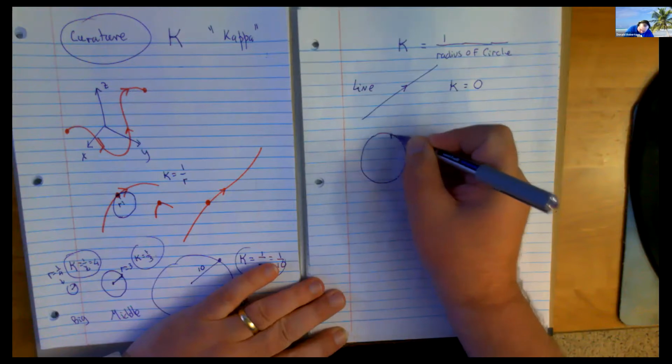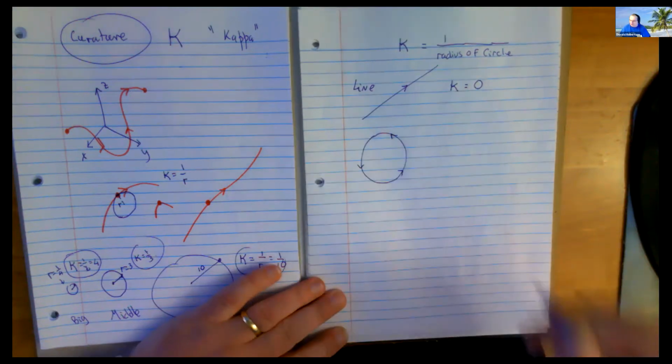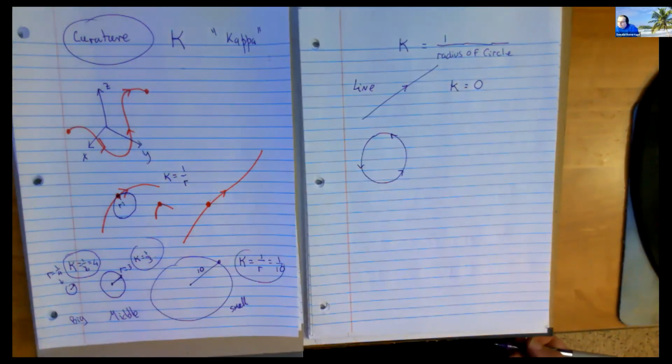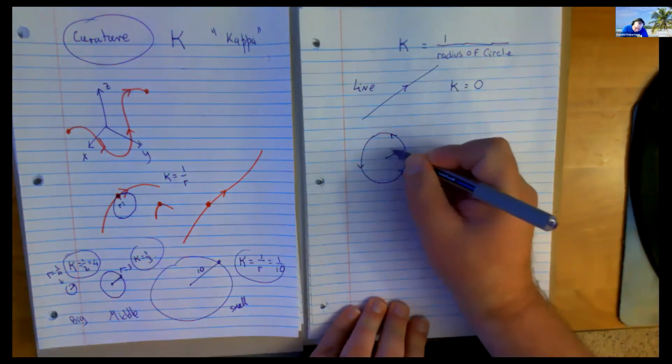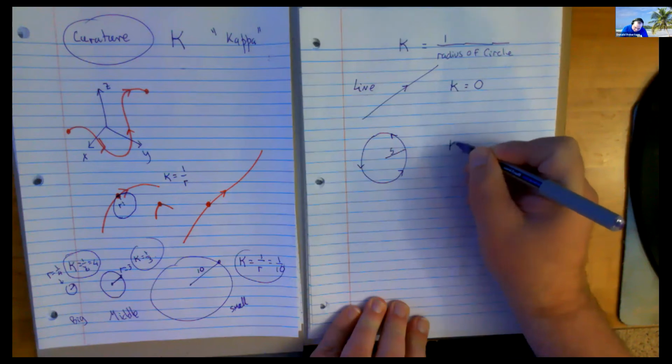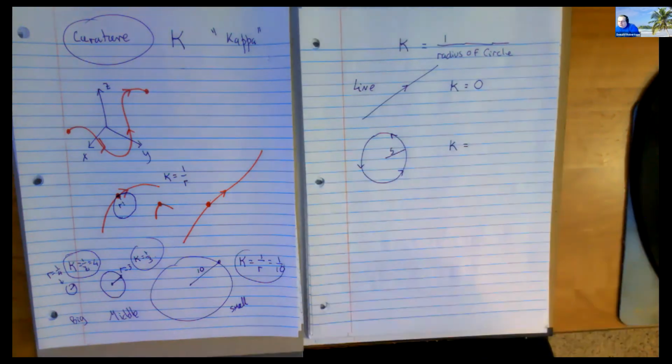Now, suppose my space curve happened to be a circle. And that circle just happened to have a radius of 5. Based on what I've said earlier, what would the curvature of that fella be? 1/5.